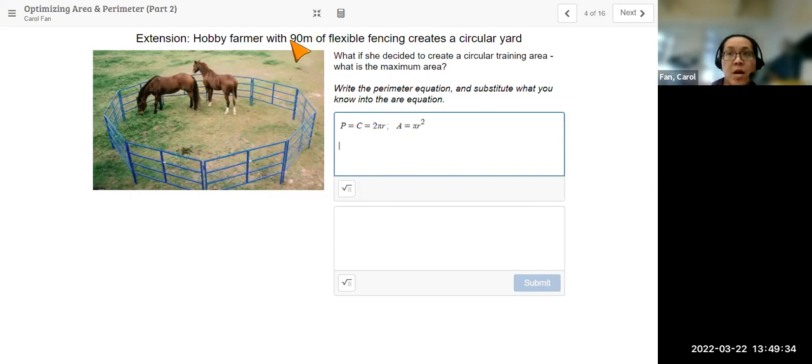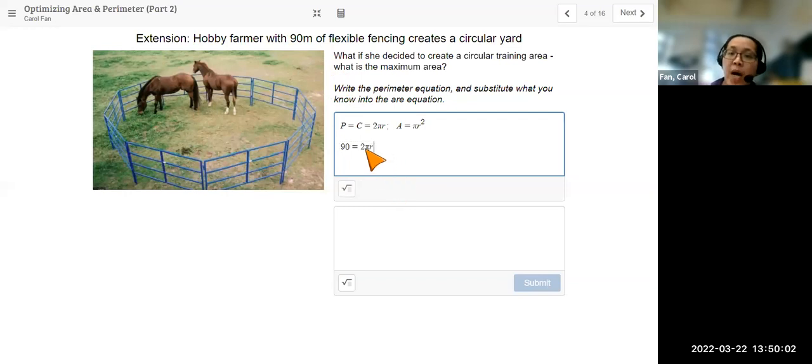Okay, so let's write down what we do know. We know that 90 meters has to be the perimeter. How do I know? I look at the units, there's no exponent 2. That indicates that I'm in a one-dimensional distance, so perimeter. So I have 90 is equal to 2 pi r.